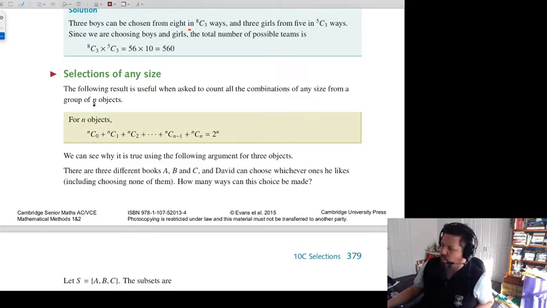Regardless of how many objects there are, it could be 7, 10, whatever, if you add all of those together, based on this rule, it is equal to 2 to the power of however many objects there are.